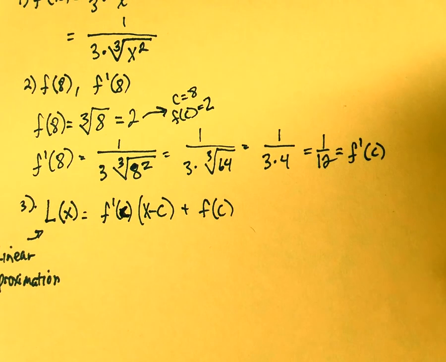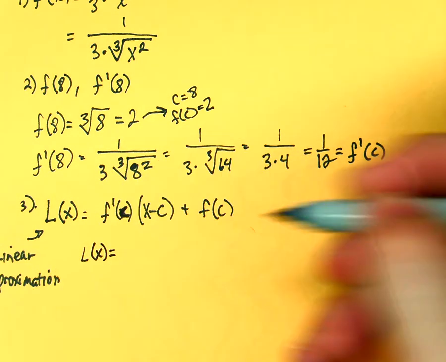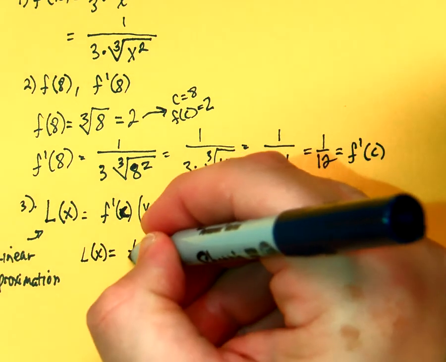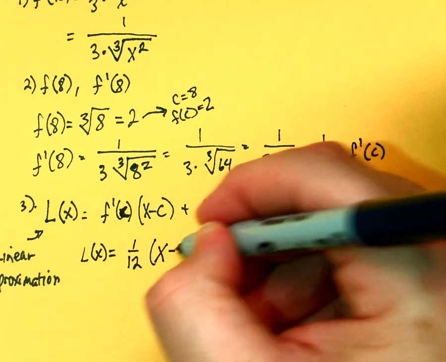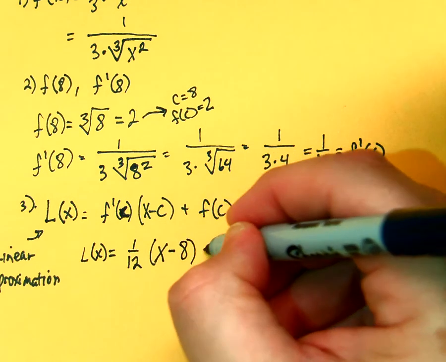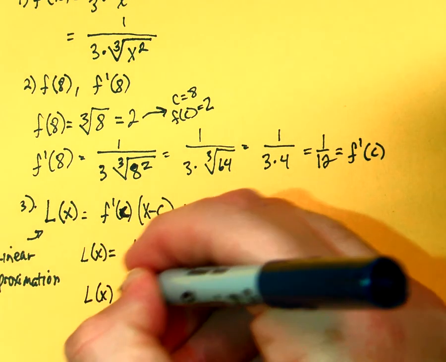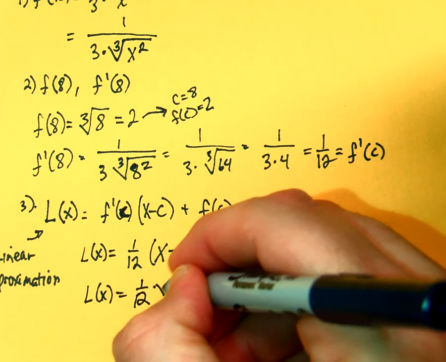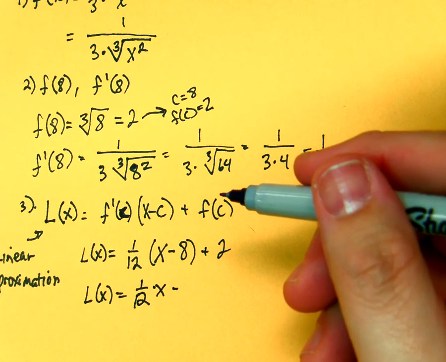That's okay, though. Alright, so L of x, my linear approximation, f prime of c is 1/12, isn't it? So 1 over 12 times x minus 8, plus 2. Simplify it one more time, well, 2 more times. That's 1/12 times x minus 8/12, which would be 2/3.